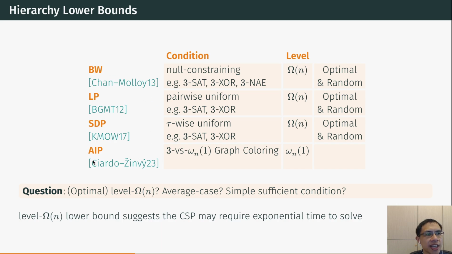For all these hierarchies except AIP, the lower bounds are optimal in terms of level, and they also apply to random instances. So for AIP, can we get a linear level lower bound? What about average case? Linear level lower bounds are interesting because they give evidence for the exponential time hypothesis.